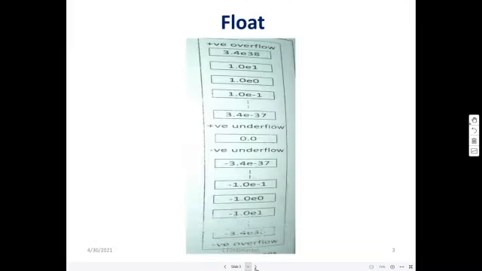So the next data type after character and integer is float. In the previous two data types, we have seen that integer and character will go in a dial.